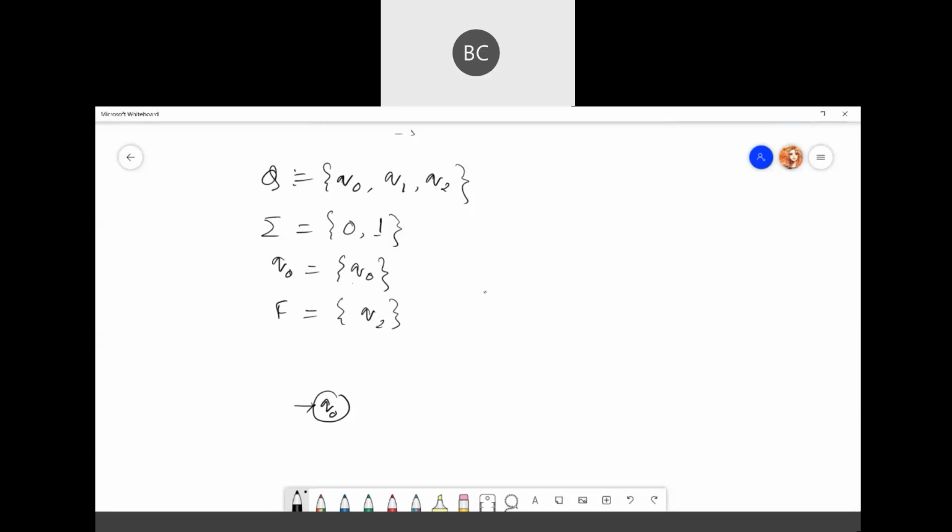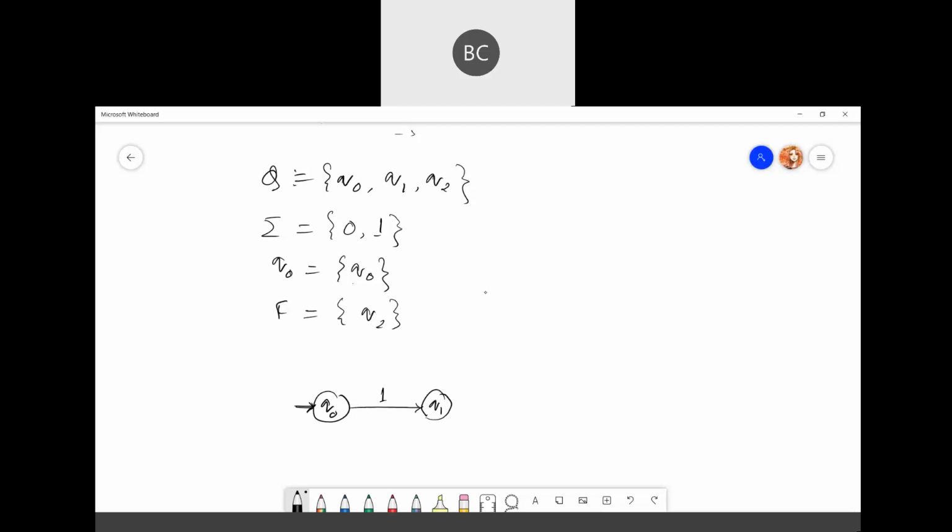Initial state means I'll always represent with a circle and an arrow. Next, you have only two input symbols, 0 or 1. So for example, I'm just taking 1. It's taking symbol 1 and it moves to the next state Q1.